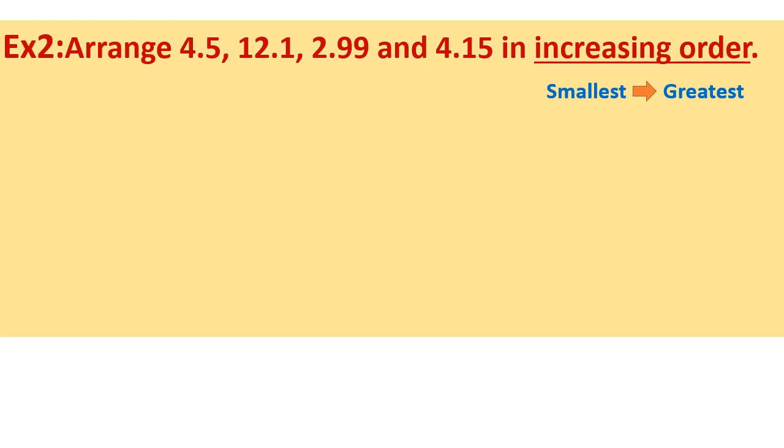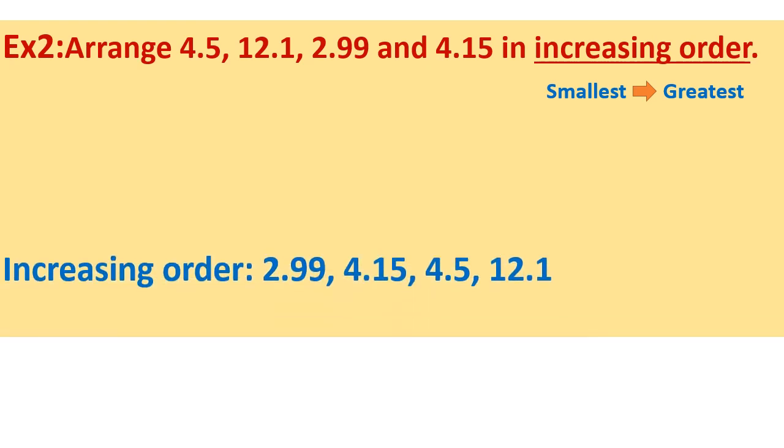So you already know we follow the pattern of how to compare the numbers. So of course in increasing order, teacher will get 2.99, followed by 4.15, 4.5, and 12.1, because 12.1 is the greatest number and 2.99 is the smallest number. You can see that in increasing order, we start from the smallest number to the greatest number.